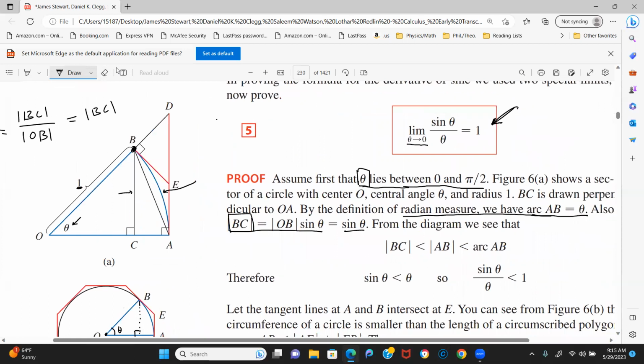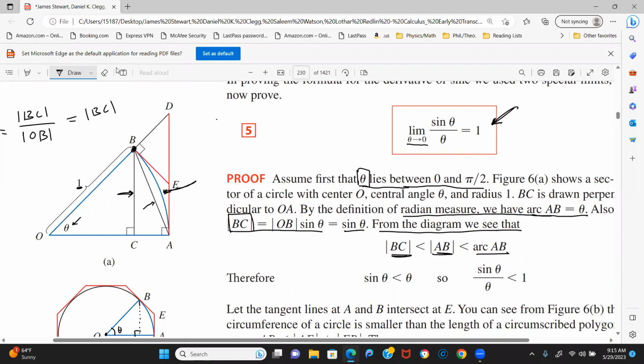Now, also from this diagram, we can see that the length of AB, this straight black line right here, is first of all going to be bigger than this black line right here, BC. So the length of AB is going to be bigger than the length of BC, but it's also going to be less than this arc length right here, of AB.